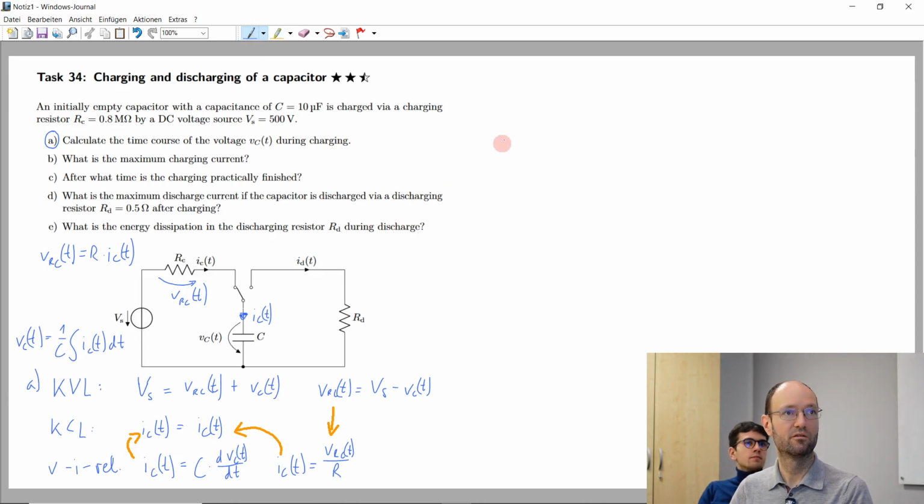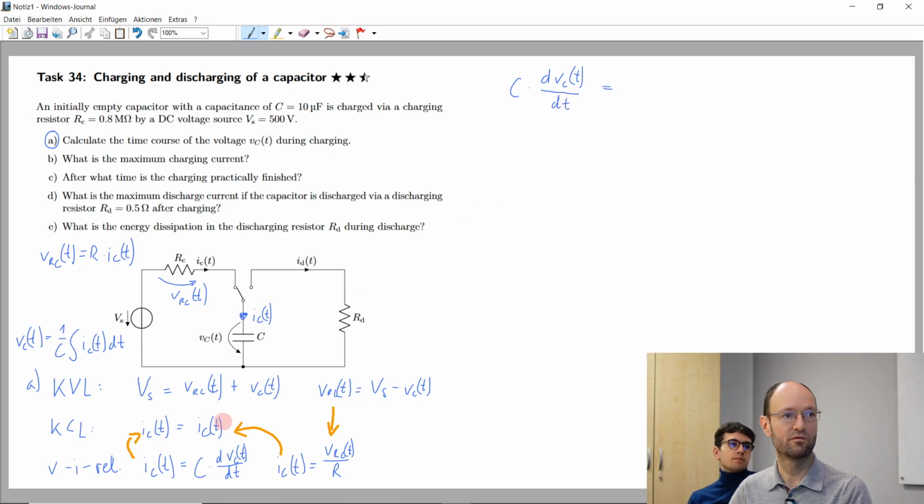and if I rewrite this, then on this side of the equation we get C multiplied with the time derivative of this voltage drop across the capacitor.